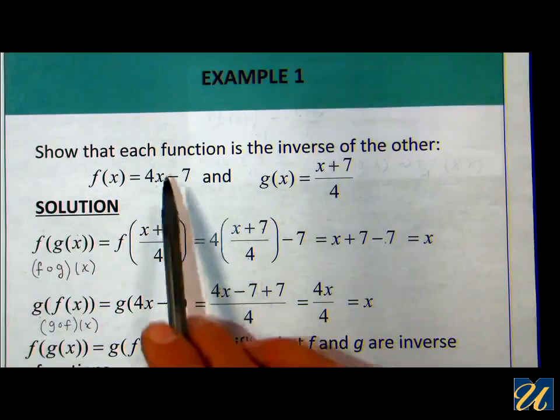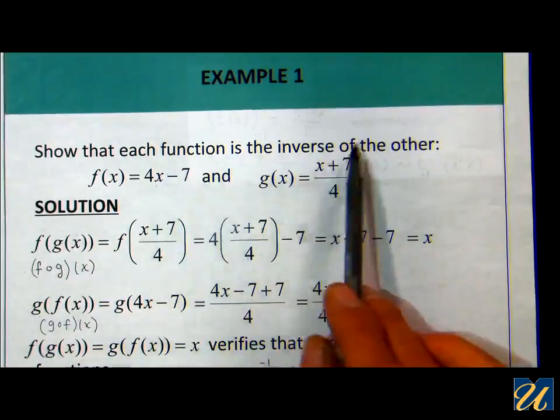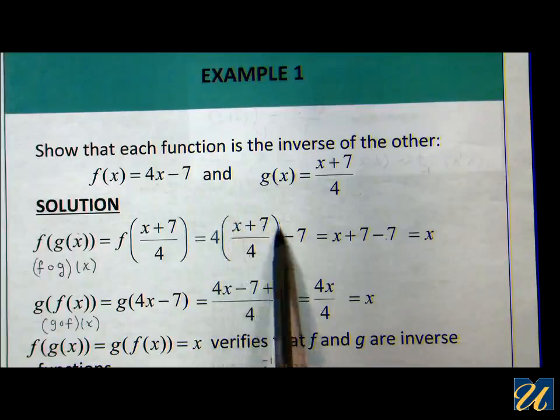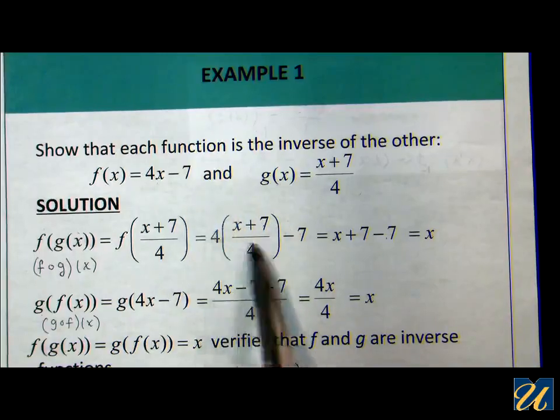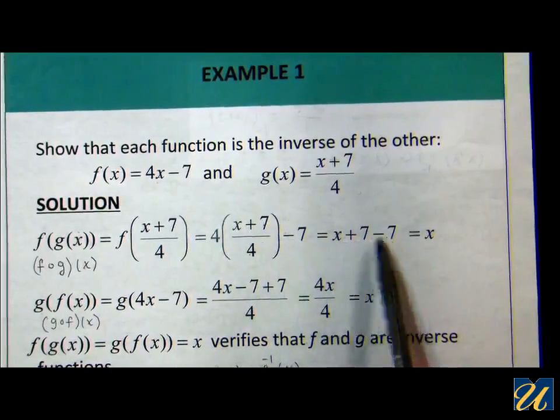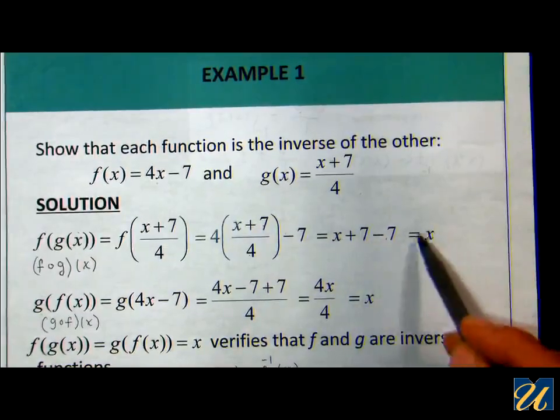So let's take a look at that. Replace this x with the entire g of x function. So here it is. The x has been replaced by g of x. The 4's divide out, giving you then x plus 7 minus 7. The 7's add up to 0, giving you only the variable x.